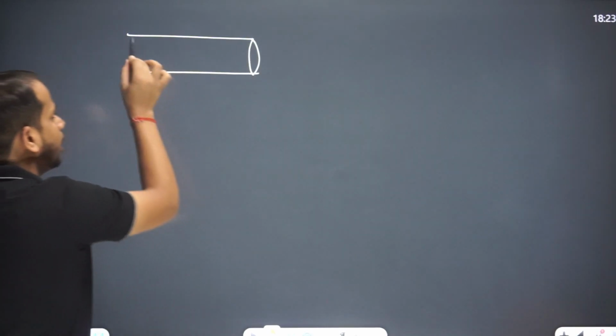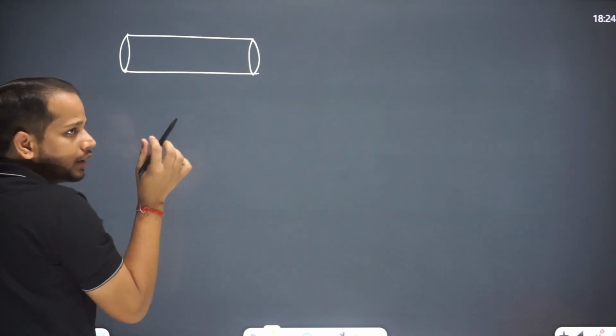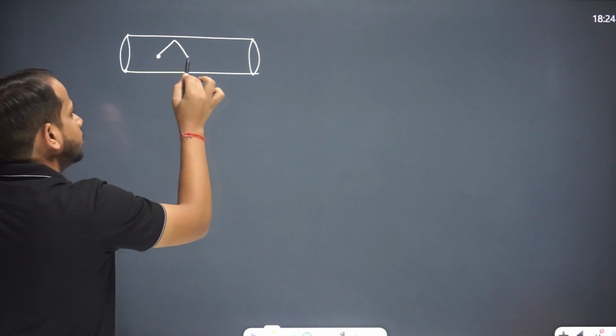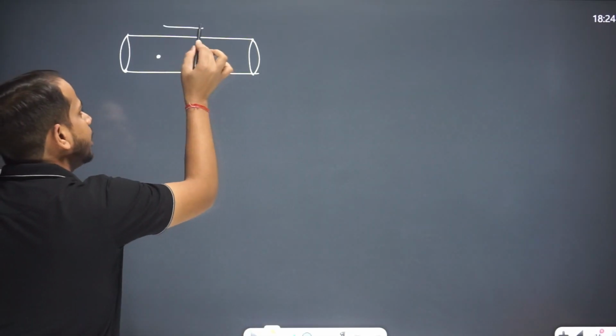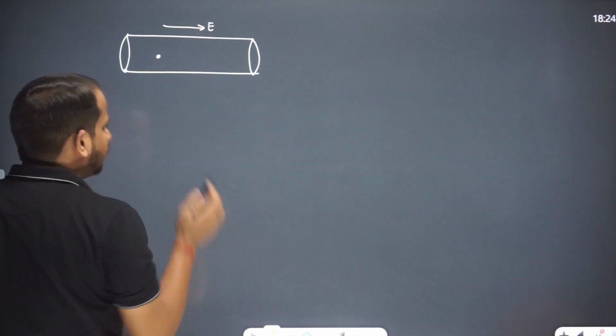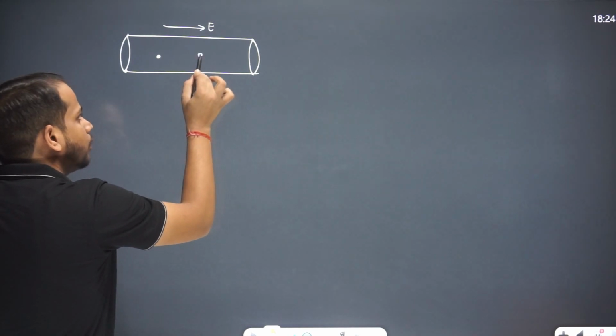I am taking a single electron, and there are a lot of collisions over here. When we apply the external electric field along this side, this is the electron we have.